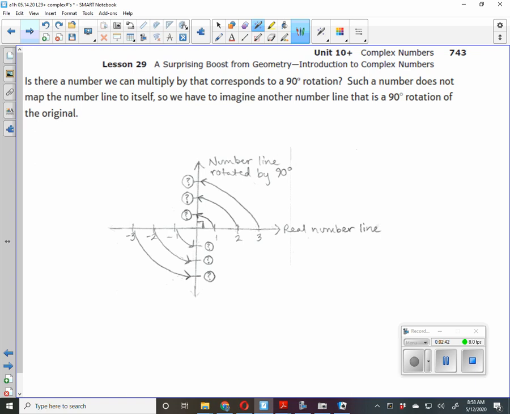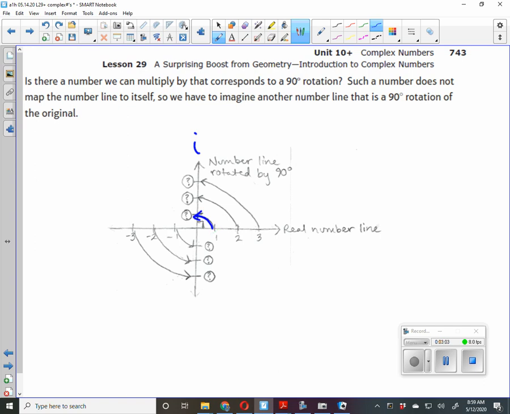If I start with 1 and I multiply by the square root of negative 1, I end up with what we call an imaginary solution. That goes here.